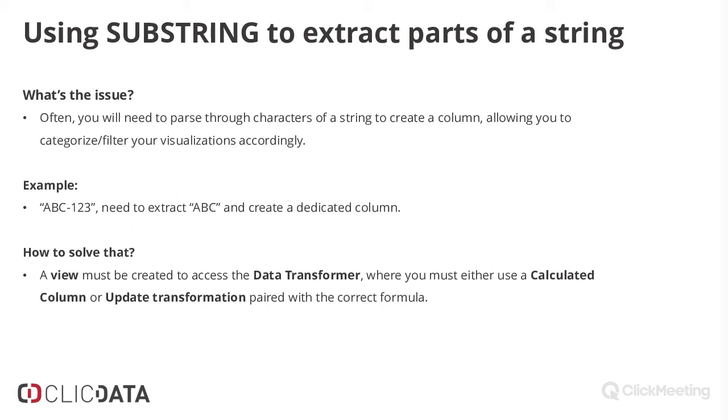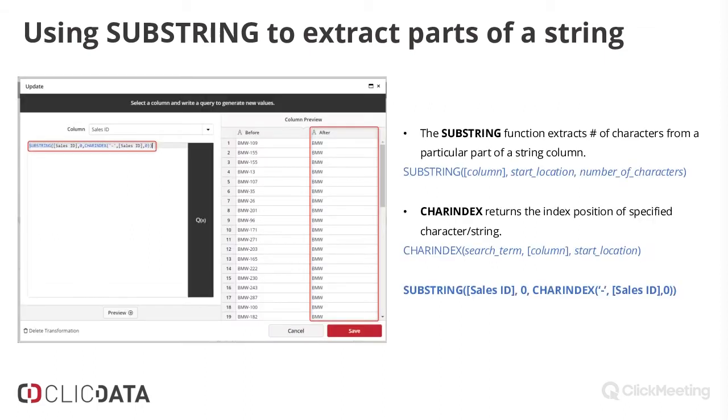Moving on, as we can see here, we created a view from our data source, and we used the SUBSTRING function to extract the car make of my data. I am dealing with transactional car sales, in which I have a sales ID column containing the car make, followed by a dash and an auto-generated number associated with that car make sale.